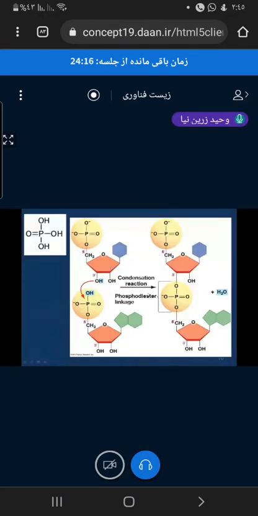You can see the mechanism of binding two nucleotides together. As you see, the hydroxyl group of the phosphate section of the nucleotide bonds to the hydroxyl group of the 3' carbon of the sugar, and the final product is H2O.